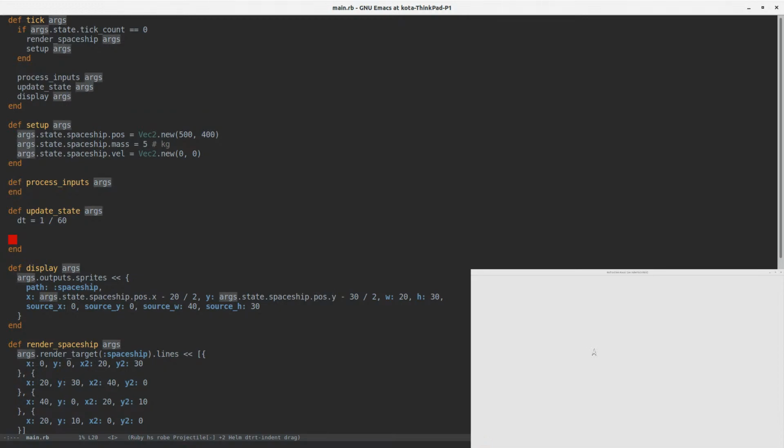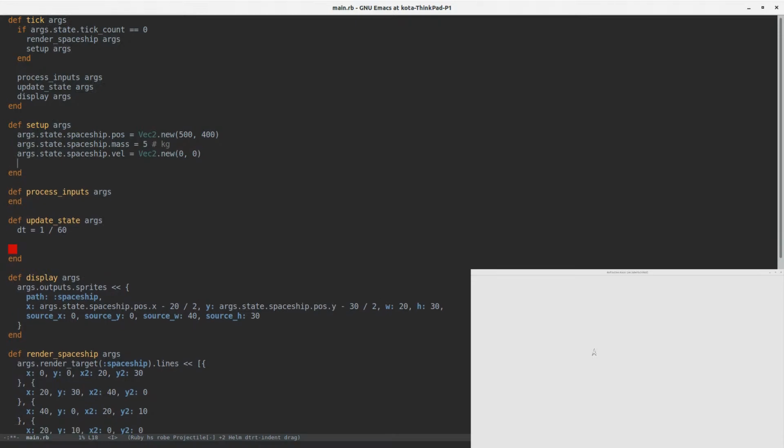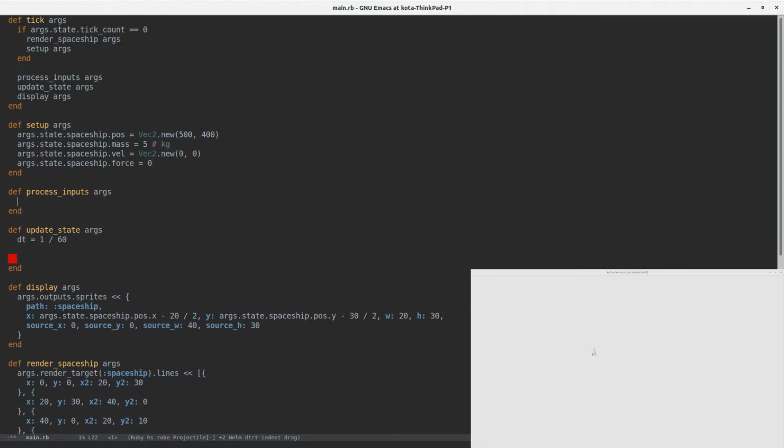And then we'll just apply a force. And actually, we're going to just keep this as scalar here. And the reason we're going to keep it as scalar is whichever direction the spaceship is facing, we'll use as the direction that this force is applied.